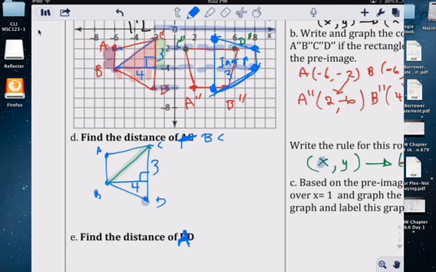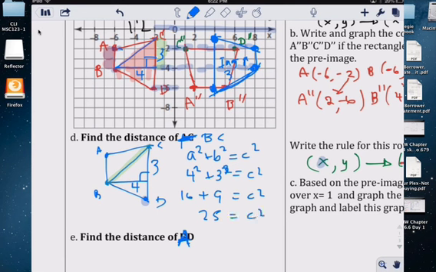BC. A squared plus B squared equals C squared. Okay, it's 4 squared plus 3 squared equals C squared. 16 plus 9 equals C squared. 25 equals C squared. So the distance of BC is 5.